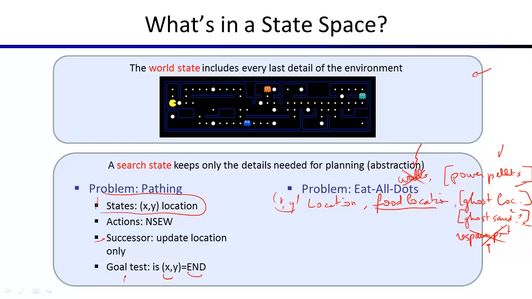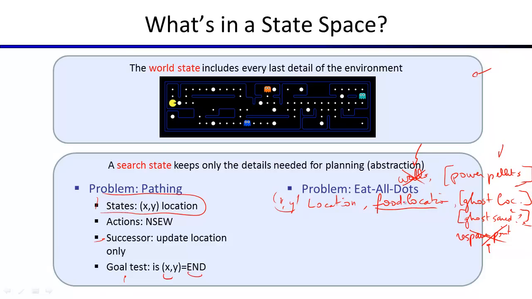Give me some time to go through this, and I'll take the questions at the end of going through the search formulation. So, XY location we need. Otherwise, we cannot define our successor function. We cannot define how Pac-Man moves. Food locations we need because otherwise we don't know where the food is that we still need to eat.